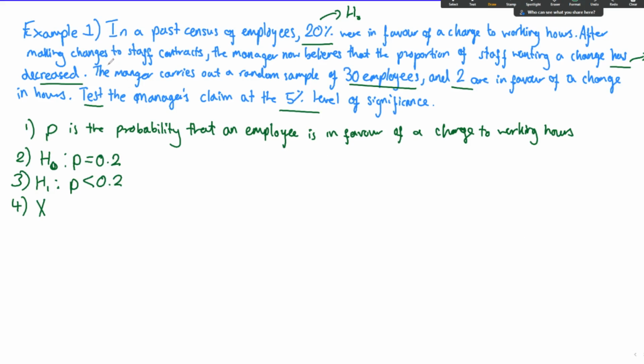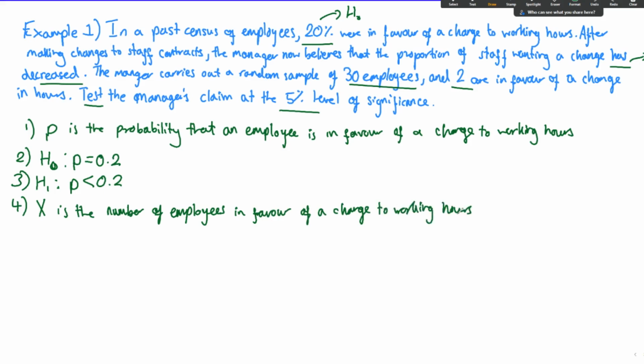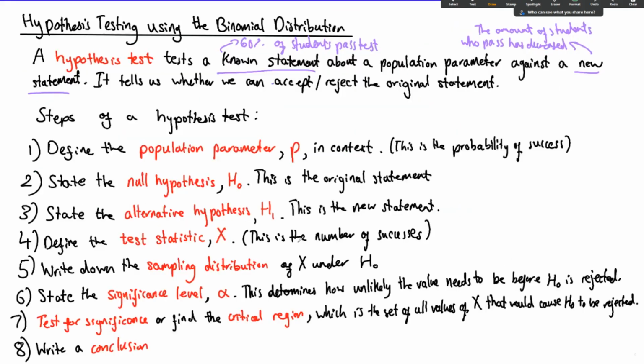So we'll say that X is the number of employees in favor of a change to working hours. So usually P is the probability that this occurs, and then X is the number of occurrences, as you can see.